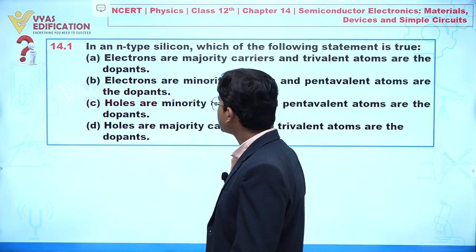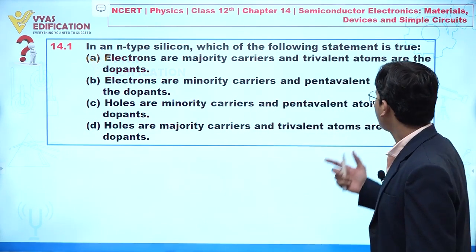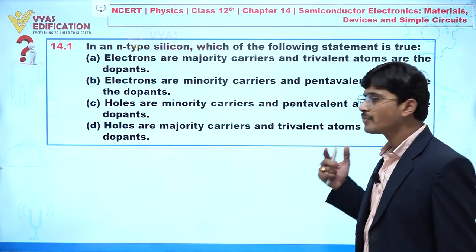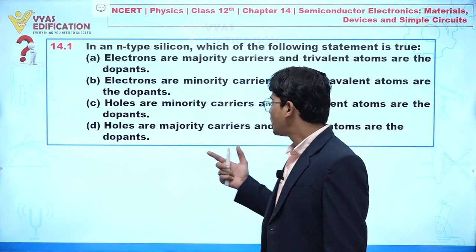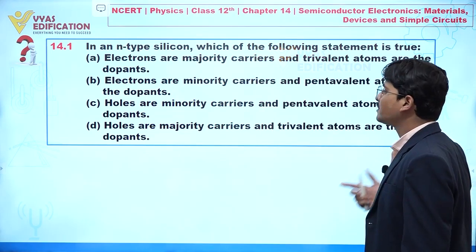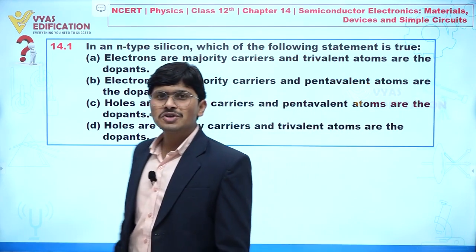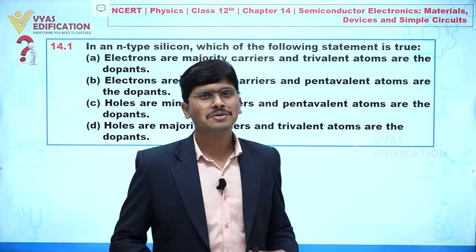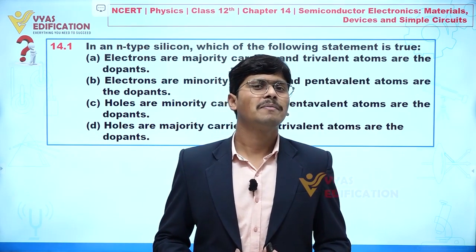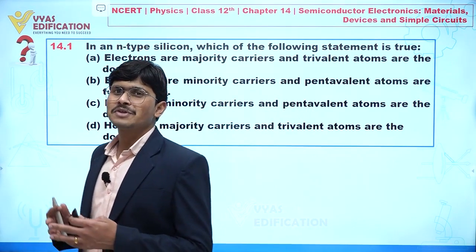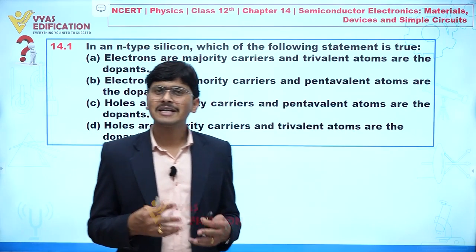Third one, holes are minority carriers and pentavalent atoms are the dopant. And fourth one, holes are majority carriers and trivalent atoms are dopant. Clear? To solve this question, first of all you should know how this N-type of silicon, or we can say N-type of semiconductor, is formed.